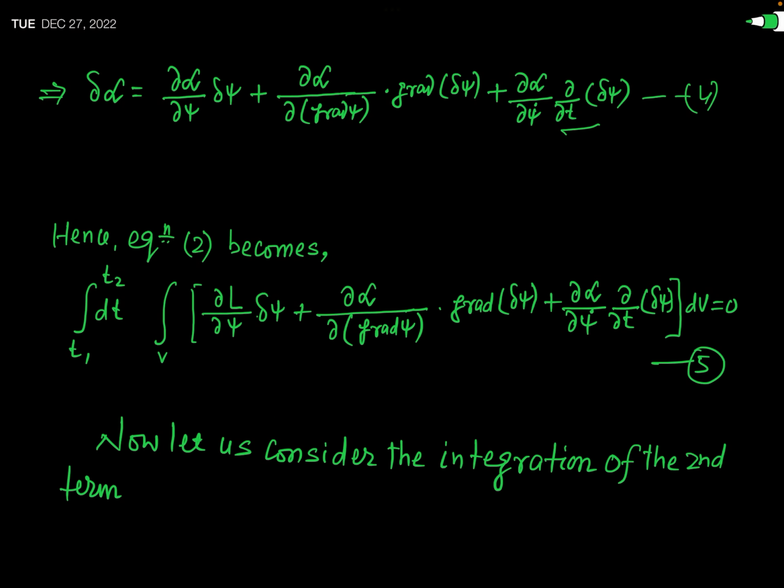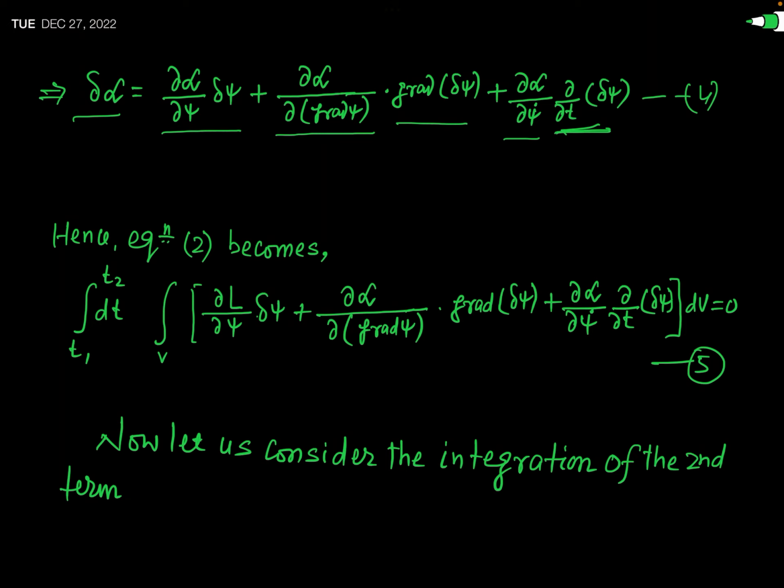See here, delta L is now written as del L by del psi delta psi, plus del L by del grad psi dot grad of delta psi, plus del L by del psi dot times del by del t of delta psi.